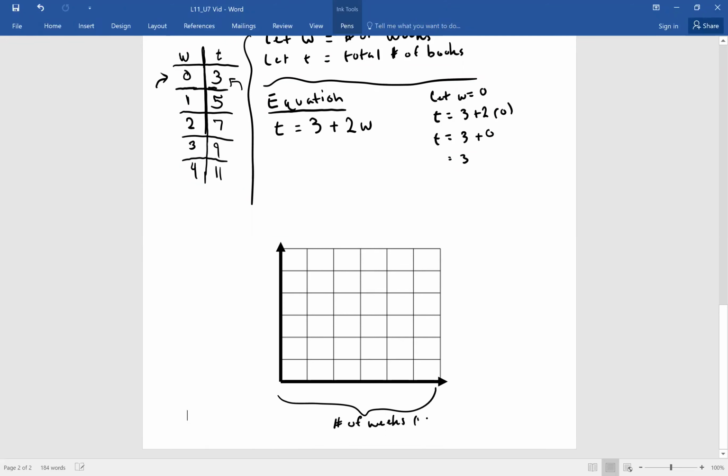I'm going to put in parentheses W. Our y-axis, which is represented by the dependent variable, I'm going to call that the total number of books, which is labeled as T. All right, so let's go ahead and add some data. We know the origin is at 0, 0, and we know we're going up to 4, so let me just go ahead and scale by 1. So this gives me 1, 2, 3, and 4.